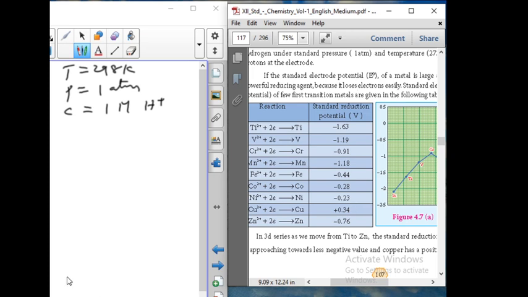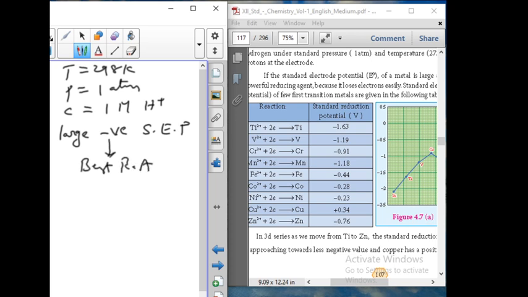The metals having a large negative standard electrode potential, the metal with the more negative standard reduction potential value, is the best reducing agent.